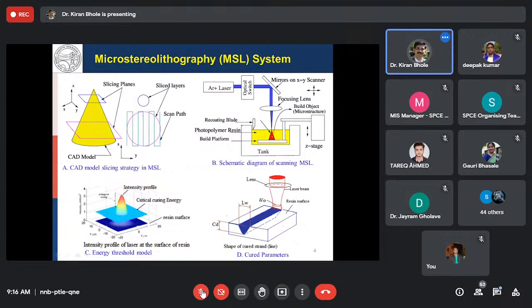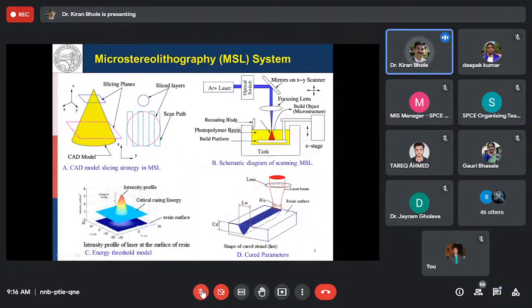Thus we go on adding layers, and the entire 3D component can be obtained. So this is the process for fabricating the 3D component layer by layer in this MSL process.